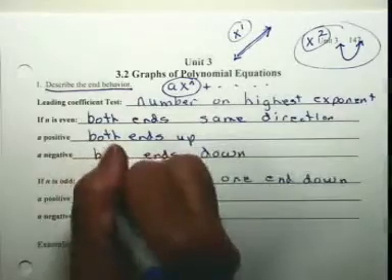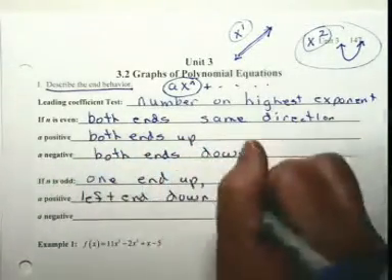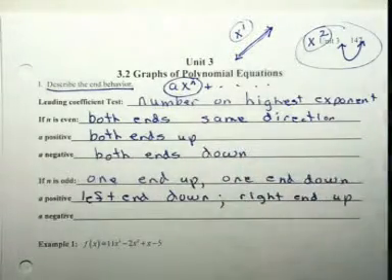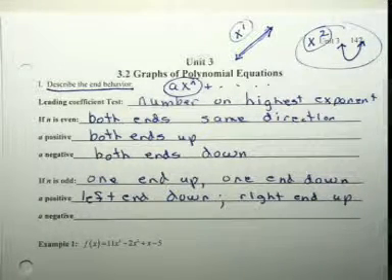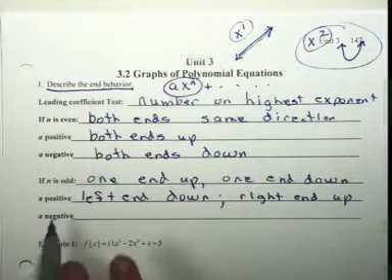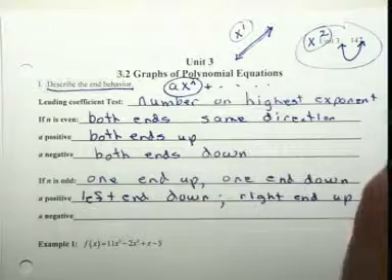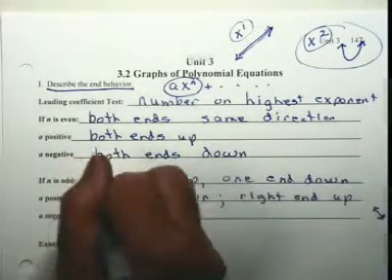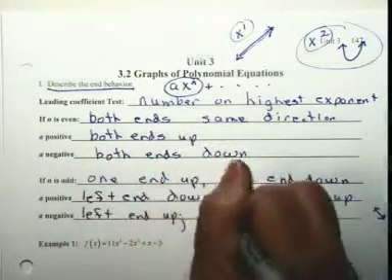A positive slope says the left end down and the right end up. But if you put a negative up front, a negative is a line going downhill, so the left end is up, right end down.